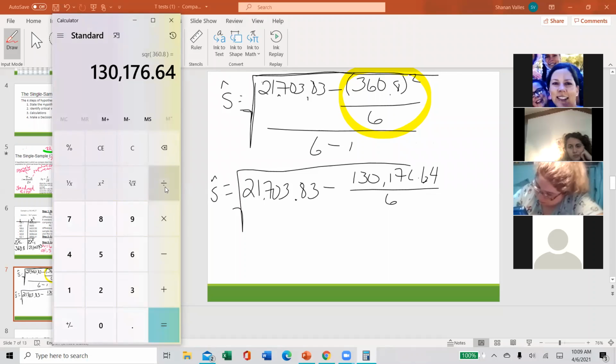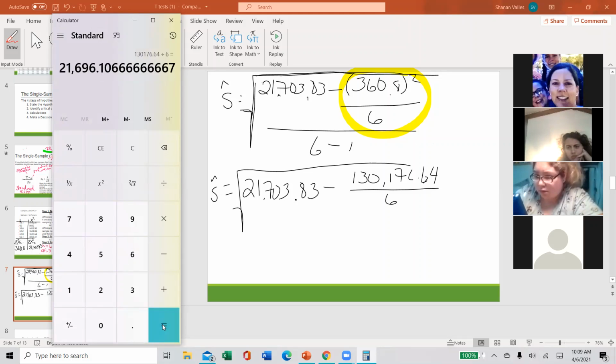Divided by 6, still a really big number.